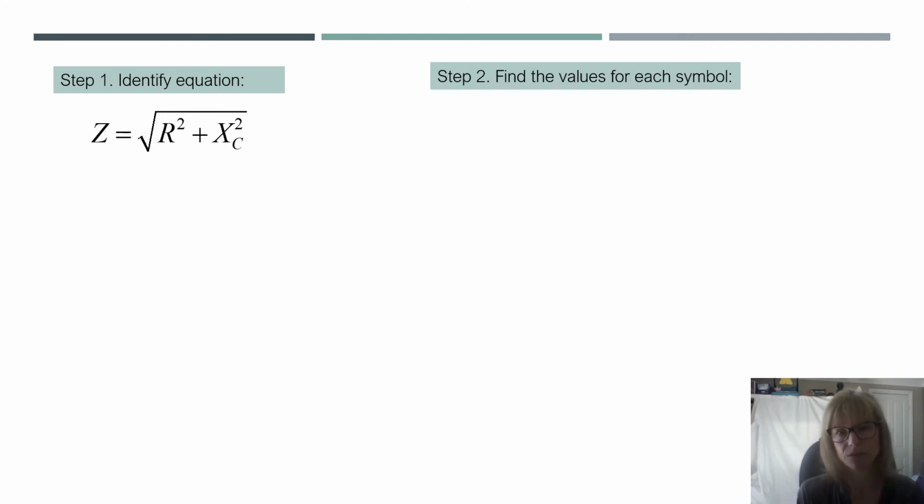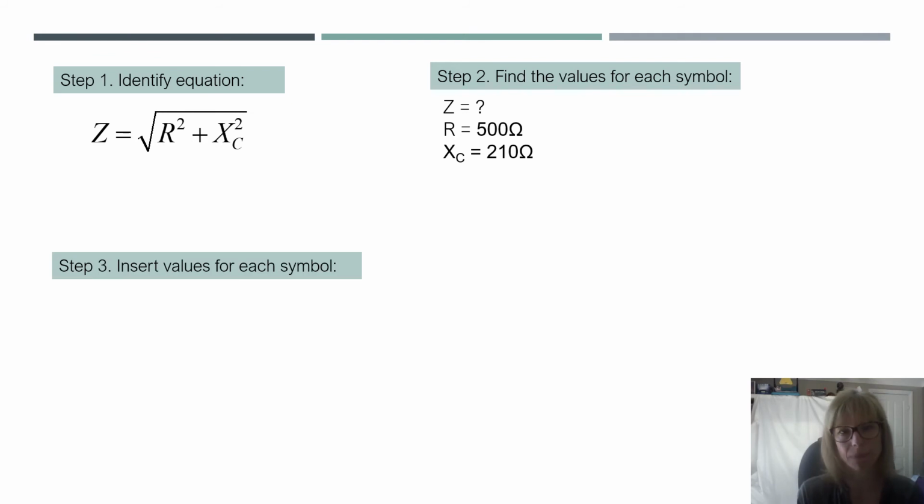Where are the values for this equation? Z is what we want to find. R is our 500 ohms. And our capacitive reactance, our XC, is 210 ohms. Now we insert these values for each of the symbols in our equation.